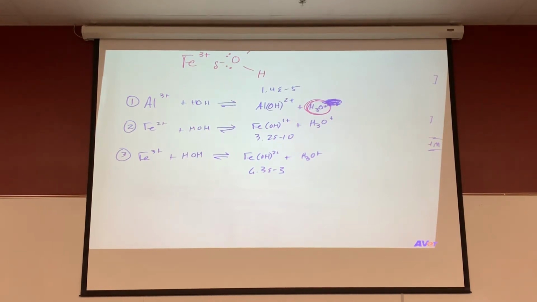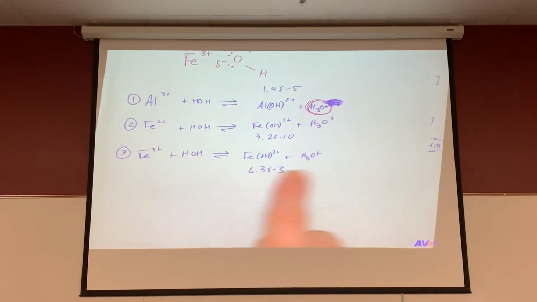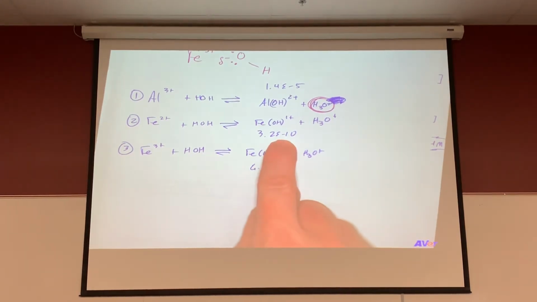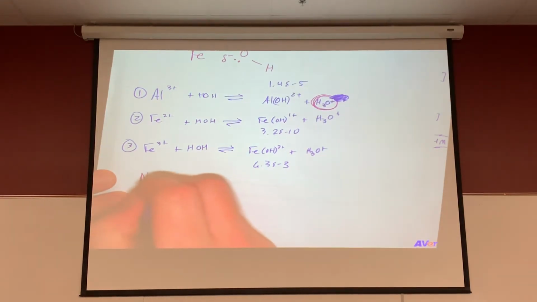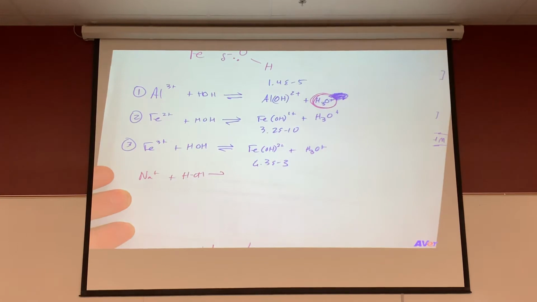Largest Ka value, which means further to the right, lower pH. This one's going to be the weakest. Does that reaction occur? No.